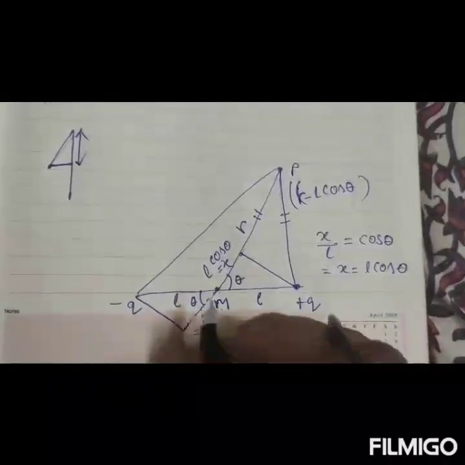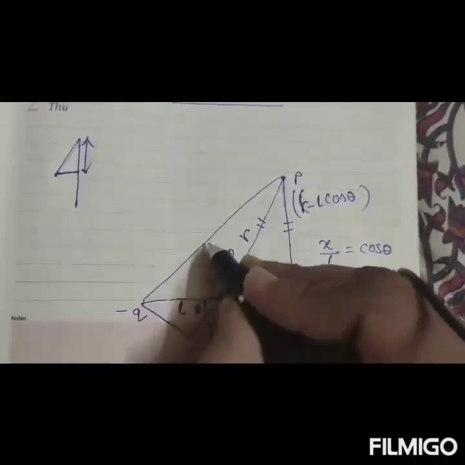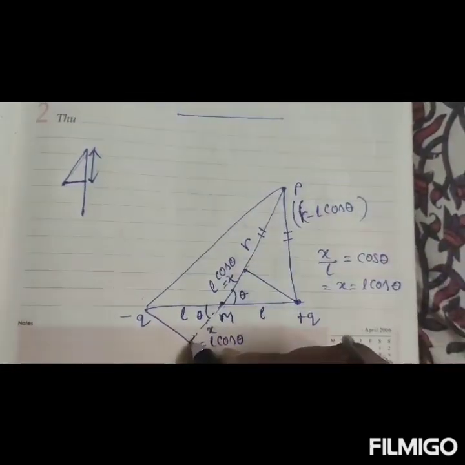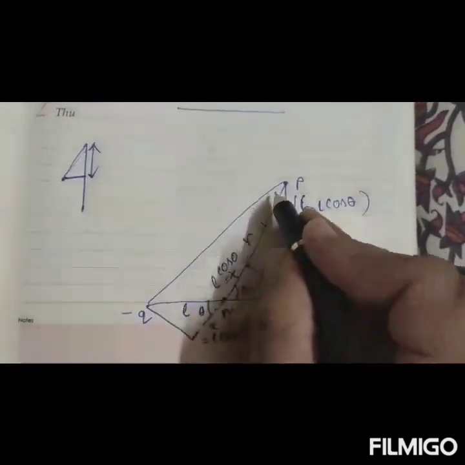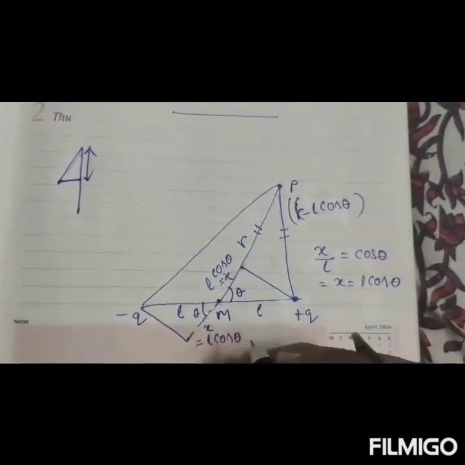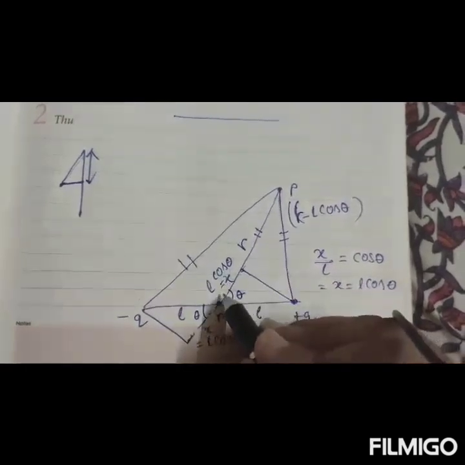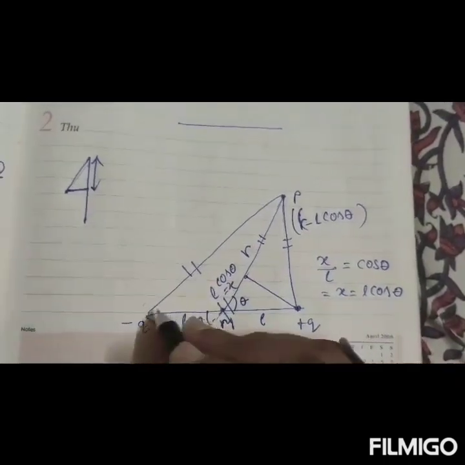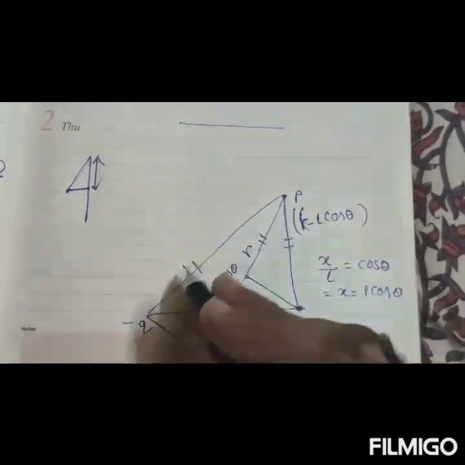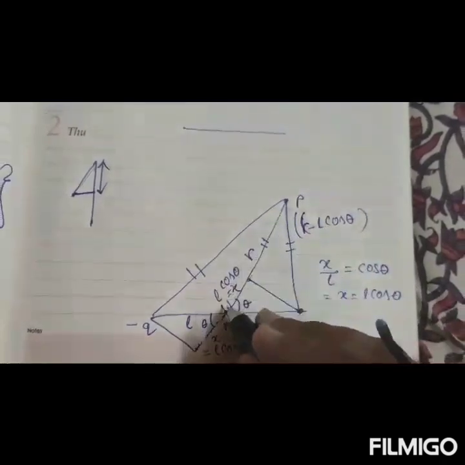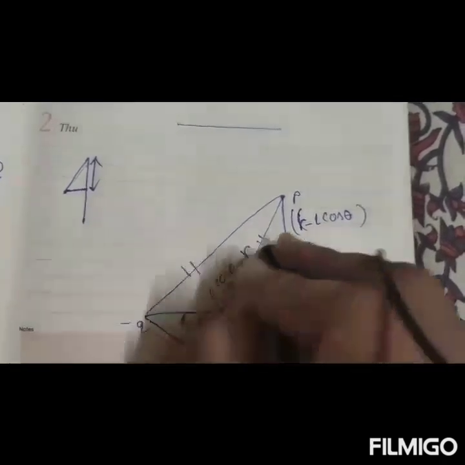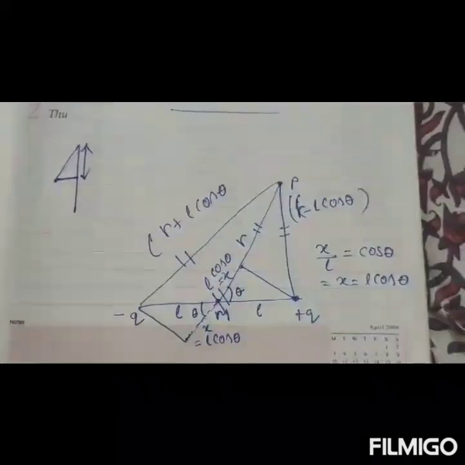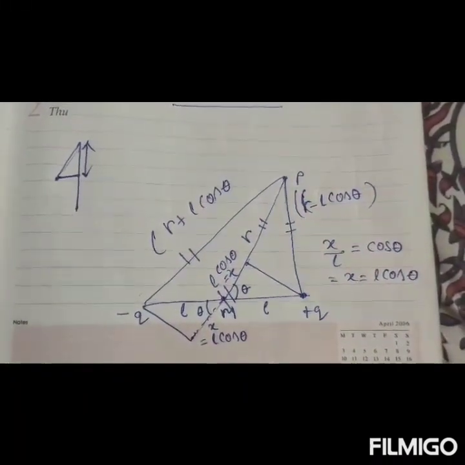So this side length is equal to this total side length. Total length is this to this is R, and this one is L cos theta, so the total is R plus L cos theta. This figure you have to draw.